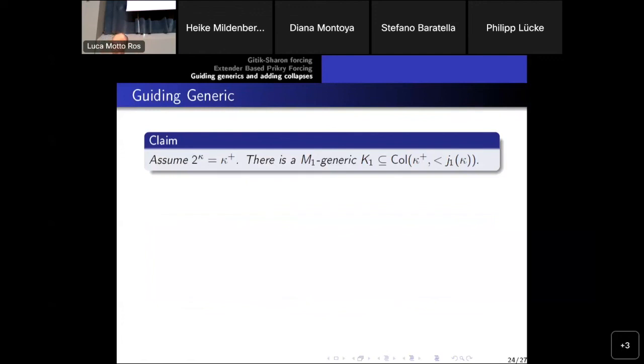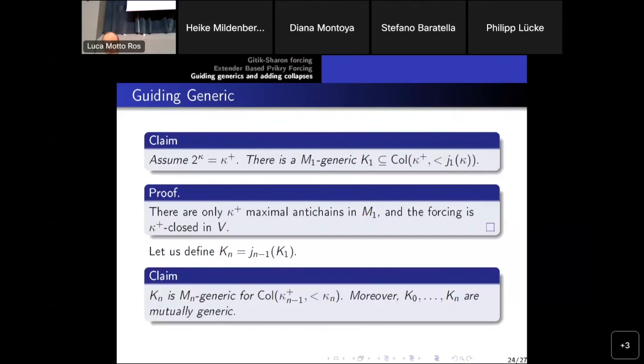This is possible assuming, let's say, an instance of GCH, K1, and we are going to push K1 through the iteration. So we apply the ultrapower embedding on K1, getting K2, which is generic over M2.